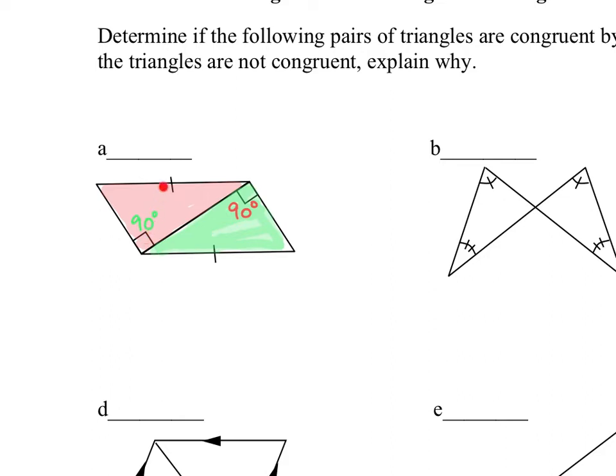So I have a tick mark on the side opposite to the 90-degree angle. That's the hypotenuse. It is equal to this side. This is also in front of the 90-degree angle, so it is the hypotenuse. That means that this side is equal to this side, and it represents the hypotenuse.